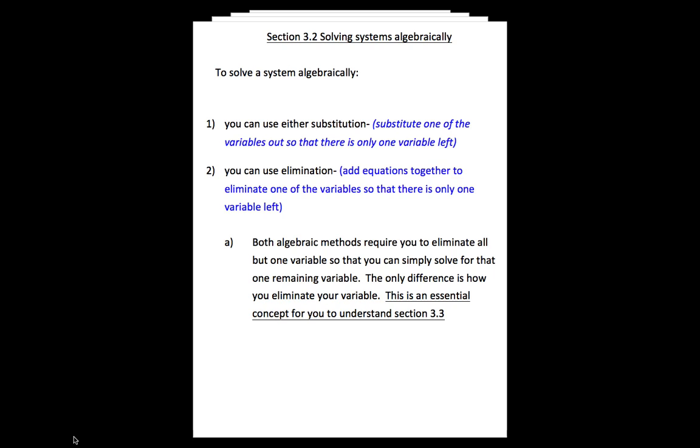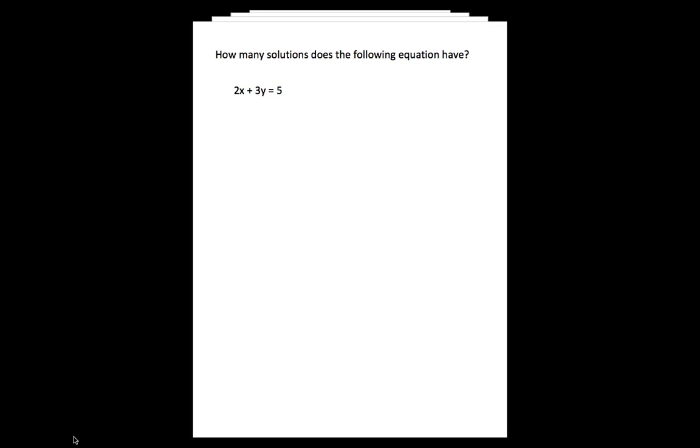So let's look at why it's important for you to eliminate one variable from the equations in your system to allow you to solve for the solution set of a system of equations. Yesterday, and in chapter 2 as well, we talked about how many solutions a linear equation in two variables has.